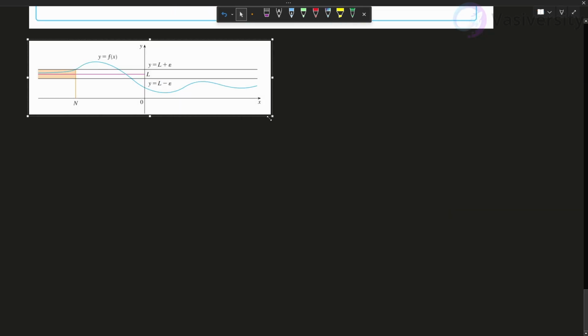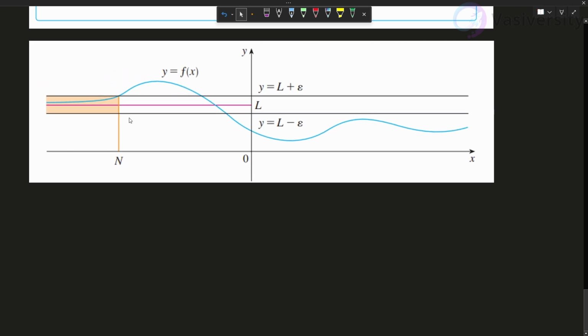That's how it's going to look, but now we're going to the left side. So we can use that definition to properly calculate the limit.